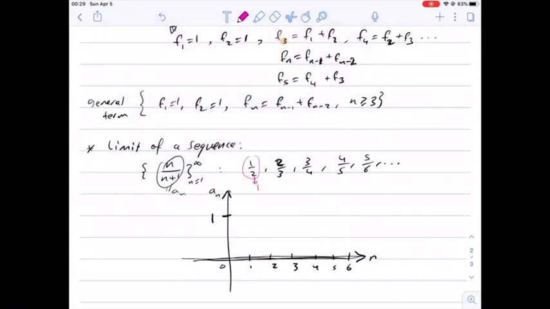When n is 1, we have 1/2. When n equals 2, we have 2/3. When n equals 3, we have 3/4. When n equals 4, we have 4/5. When n equals 5, 5/6, and n equals 6, 6/7, and so on.